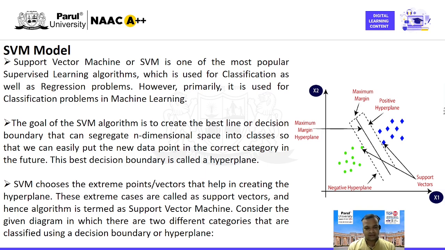Consider the given diagram. You can identify which are the support vectors, the decision boundary, the positive hyperplane and the negative hyperplane. These points are under the category of class 1, these points under the category of class 2, and x1 and x2 represent the features.